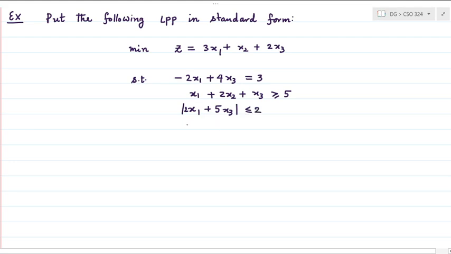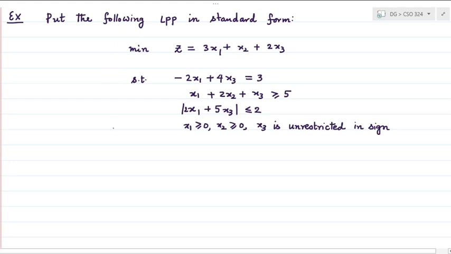You have x1 greater than or equal to 0, x2 also greater than or equal to 0, but x3 is unrestricted in sign. Fine, so this is your problem.